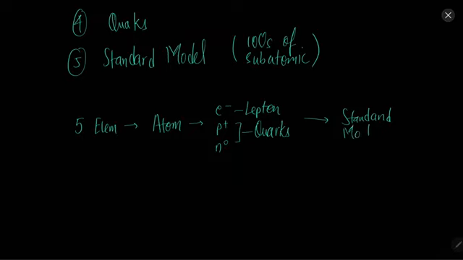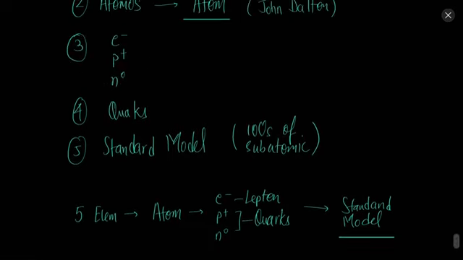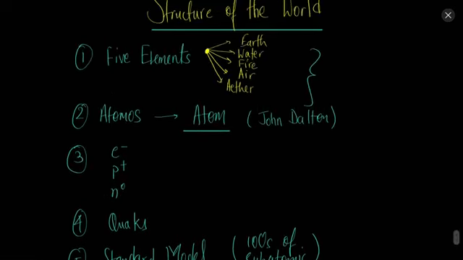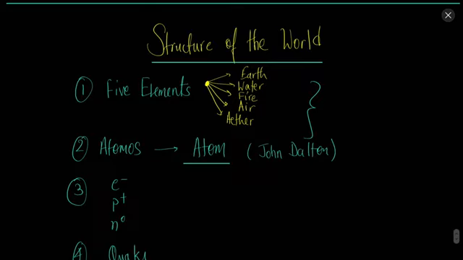So what we are trying to say here is that we yet do not know what we will find when we go further into the smallness of the universe. The world is very mysterious, and we might find some other particles smaller than the particles that we know at present.